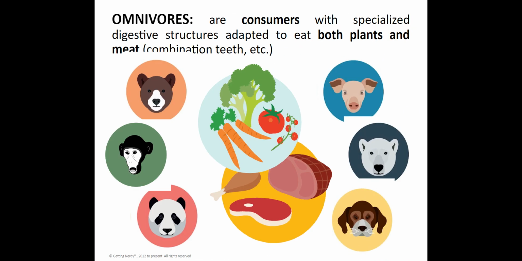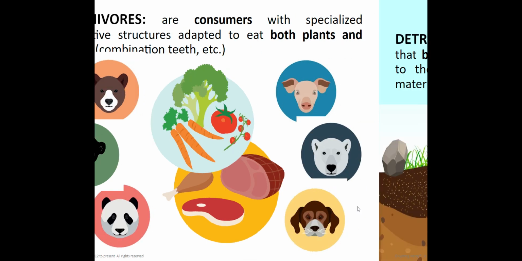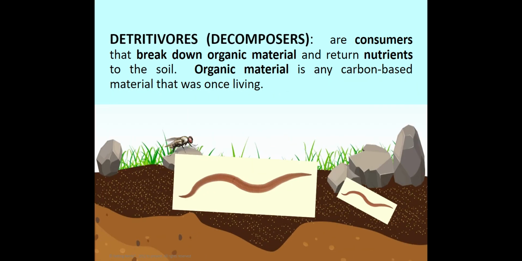Omnivores. Find where it says omnivores. Omnivores are consumers with specialized digestive structures adapted to eat both plants and animals. So they have both sharp, bitey teeth and flat, grindy teeth, just like we do. And last on our first page of notes, we have detritivores or decomposers.